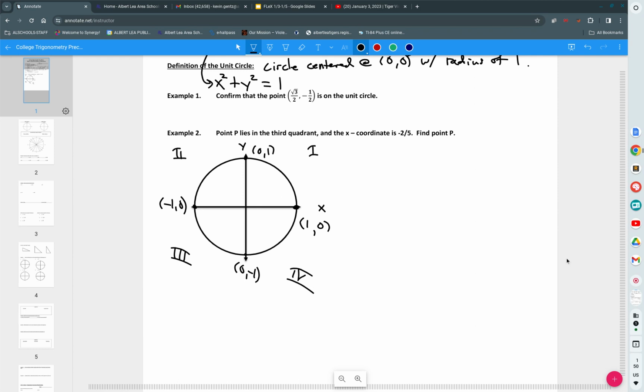The first question is confirm that the point root of 3 over 2, negative 1/2 is on the unit circle. If you were to convert those to decimals, the square root of 3 divided by 2 is approximately 0.86. And negative 1/2 is negative 0.5. So if you were to plot that, if you were to go over about 0.86 and down 1/2, you get a spot right about there.